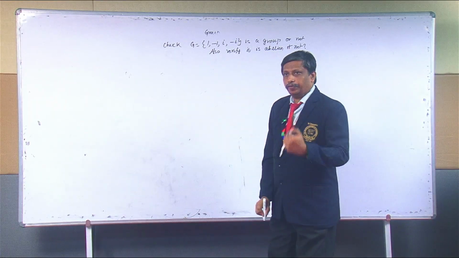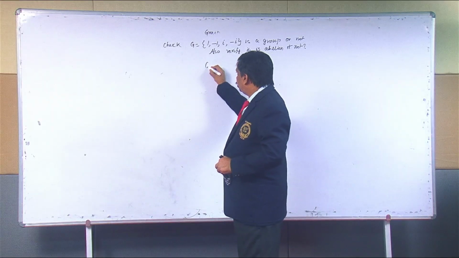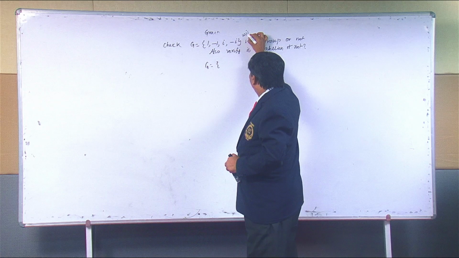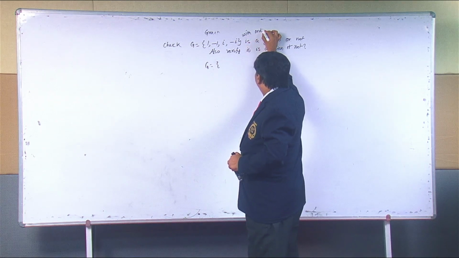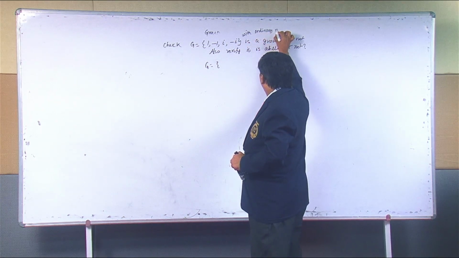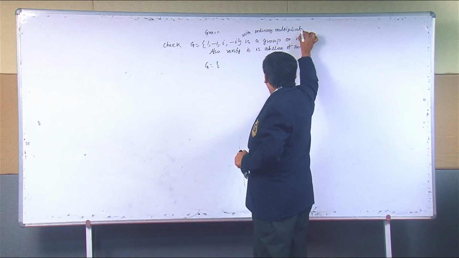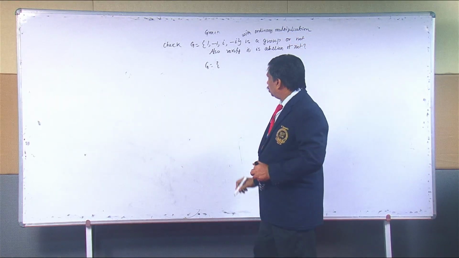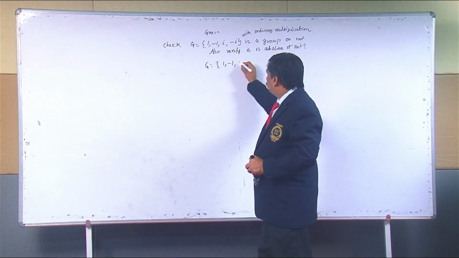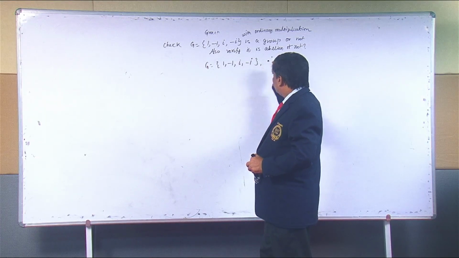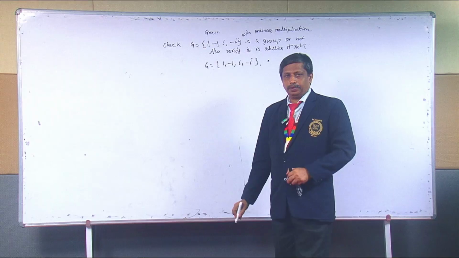Okay. Now we can come to the G. So G is a set with ordinary multiplication. So G is equal to 1 comma minus 1 comma i comma minus i with the operation dot.